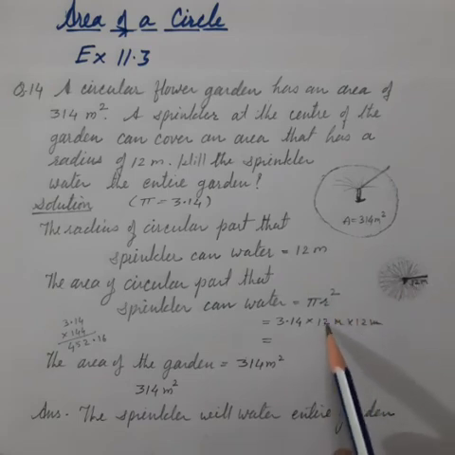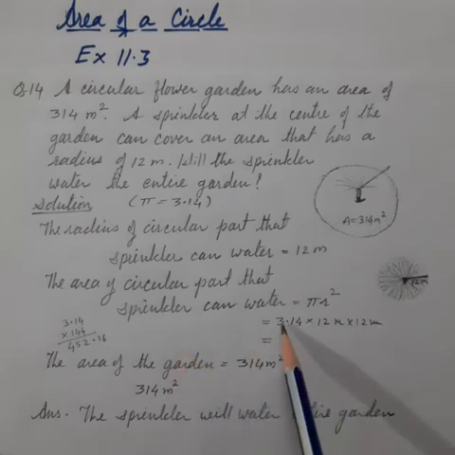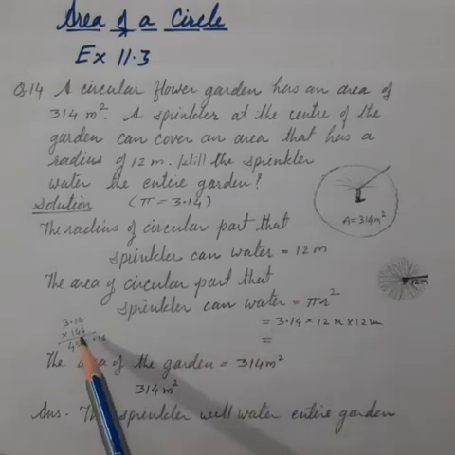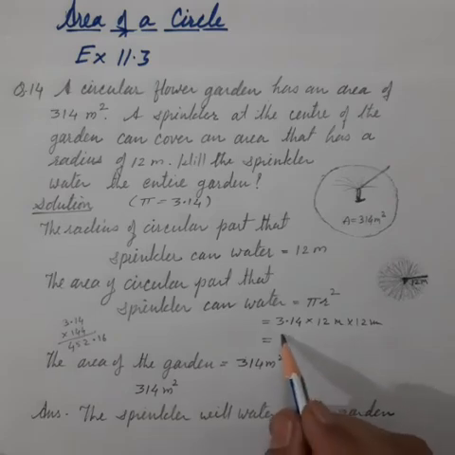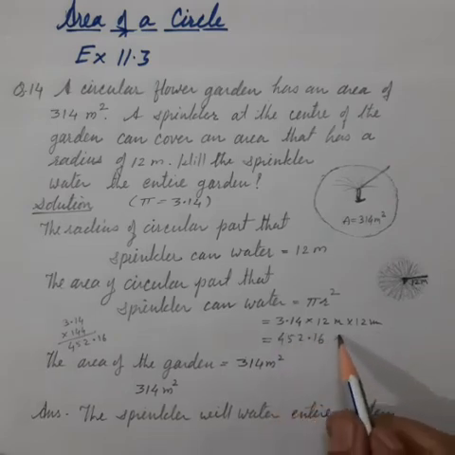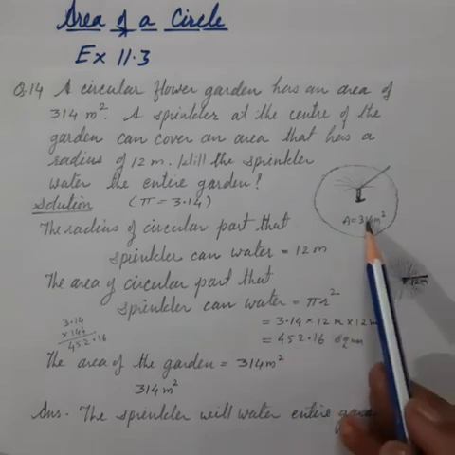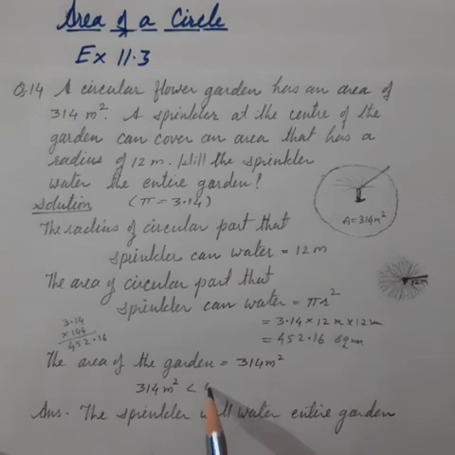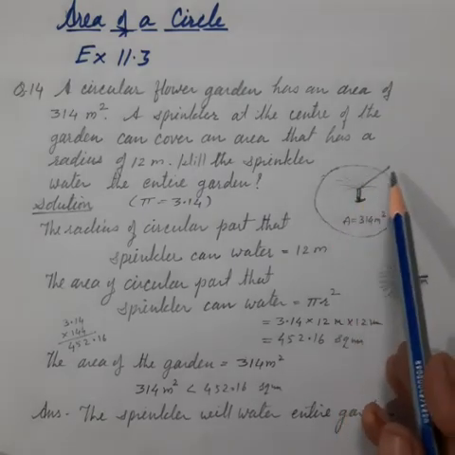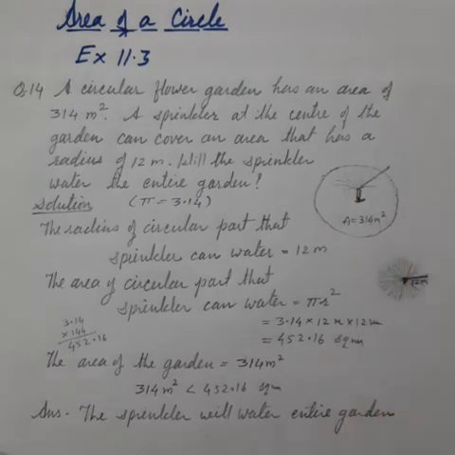So r square means 12 meter into 12 meter. 12 12s are 144 and multiply this by 3.14. We get here 452.16 square meter. Now see, this area is greater than the area of the flower garden. So this sprinkler will water the entire area of this garden.